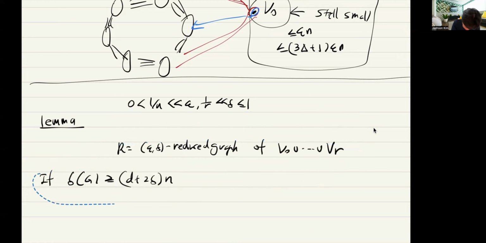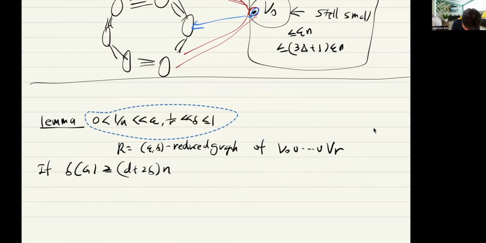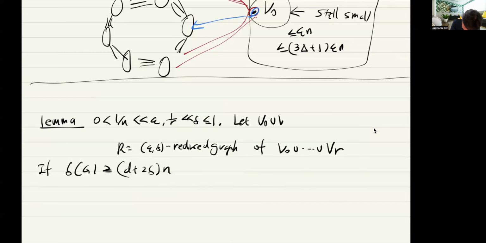I wanted to actually avoid writing it down, but it will take similar time. So that's B0, B1, ..., Br, an epsilon regular partition.